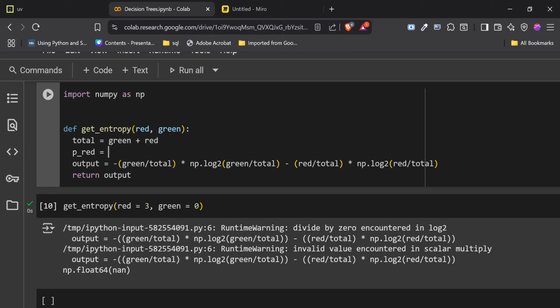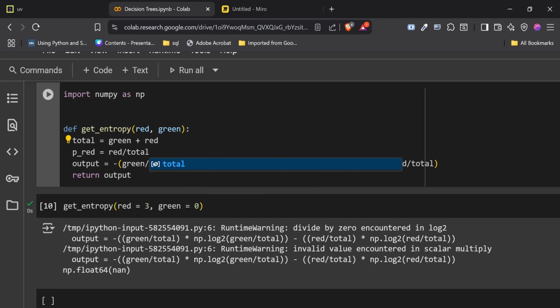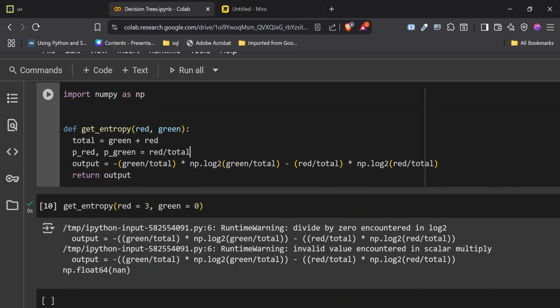To make it cleaner, we can compute the probabilities: p of red is red divided by total, and p of green is green all over total.